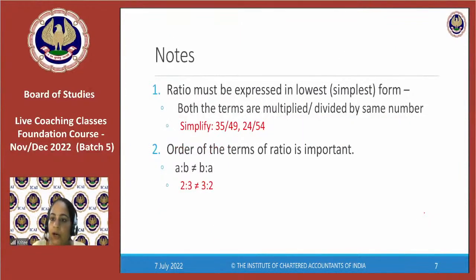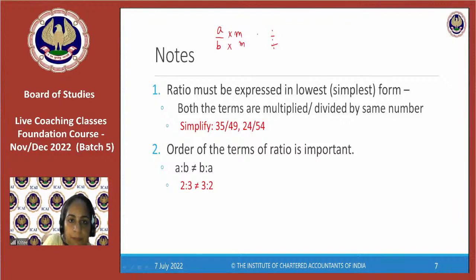All right. Now, quick notes before we go for further questions on ratios. As I have been repeatedly telling you, the ratio must be expressed in the lowest form. That is, you should bring down the ratio to the simplest form. One point you should always remember is that a ratio will remain unchanged if it is multiplied or divided by a common number.